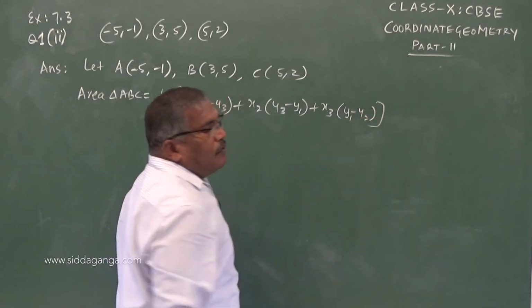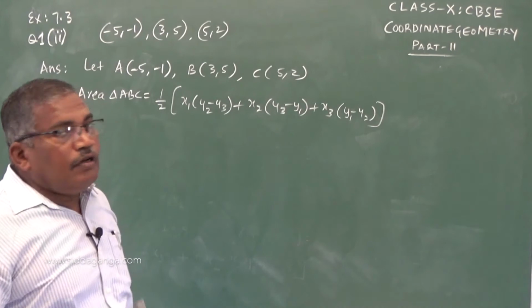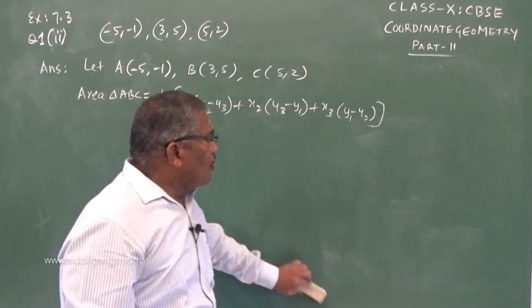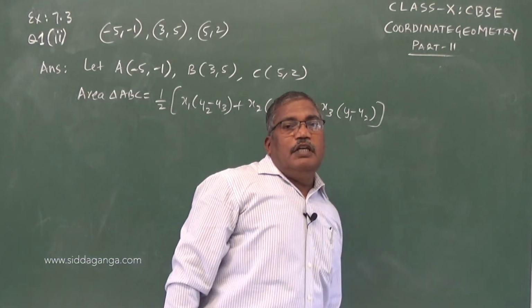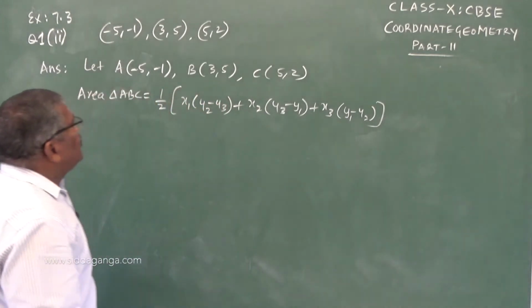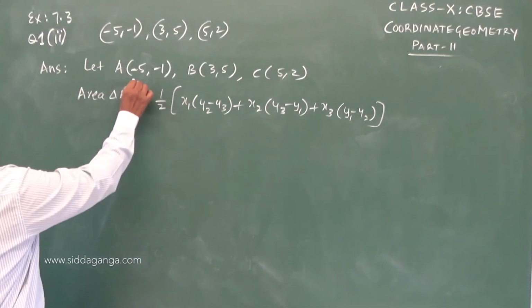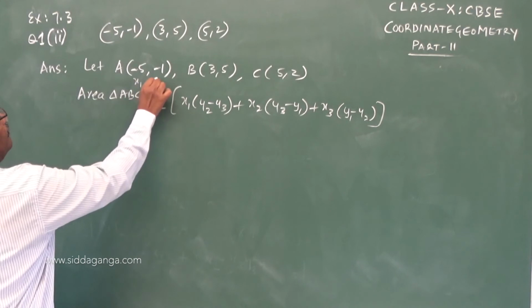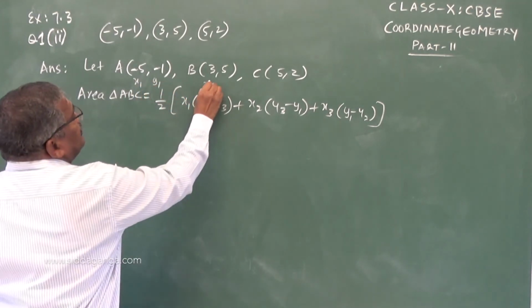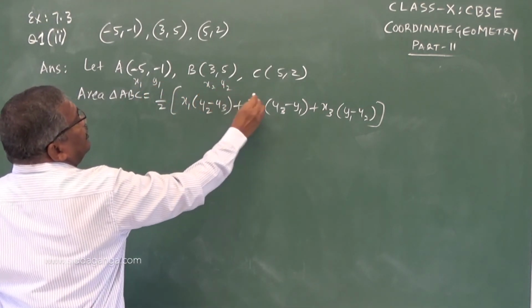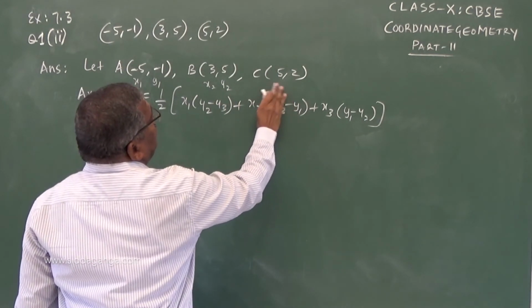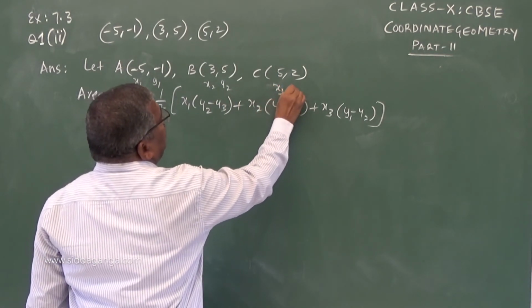Remember, always you should write the formula first. It carries marks. Then you make a careful substitution of values. So this is x1 y1, this is x2 y2 value, and this is x3 y3 value.